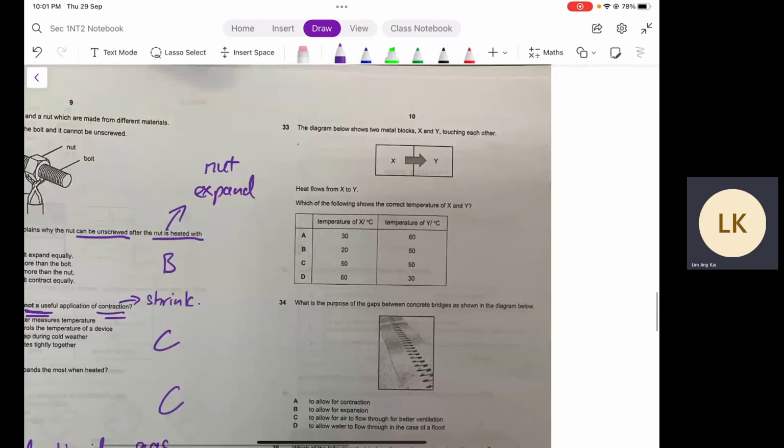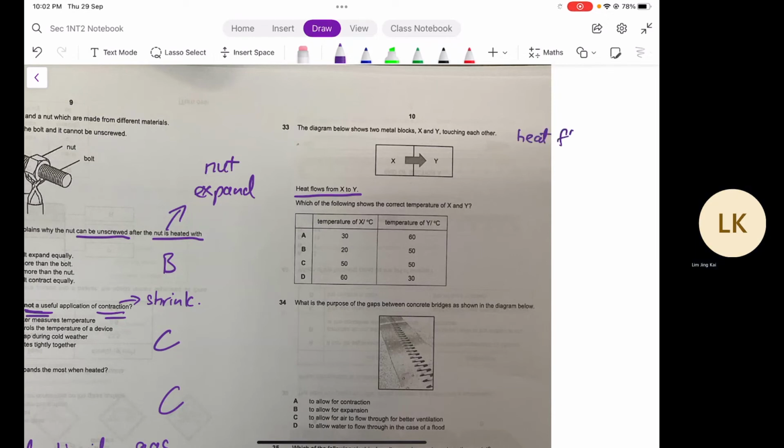Question 33. You have two metal blocks touching each other, and down here they say the heat flows from X to Y. In this case, we know that heat always flows from higher temperature to lower temperature.